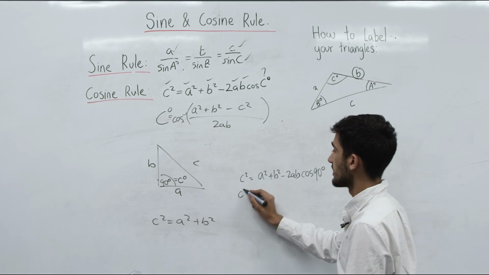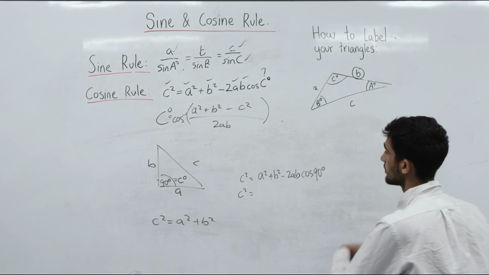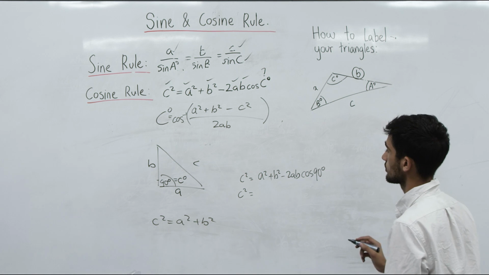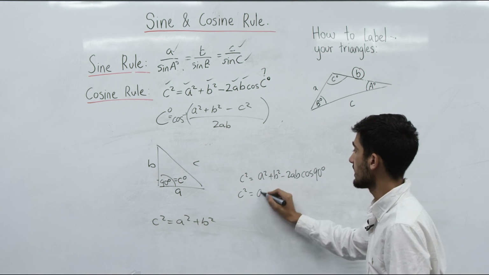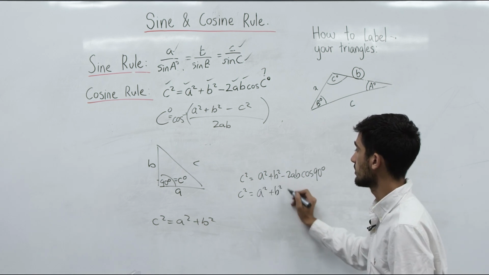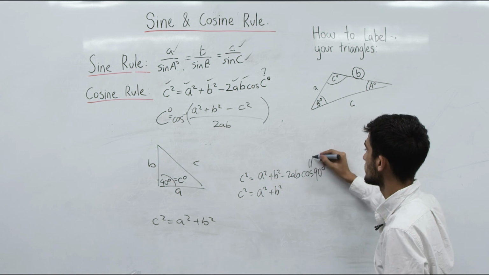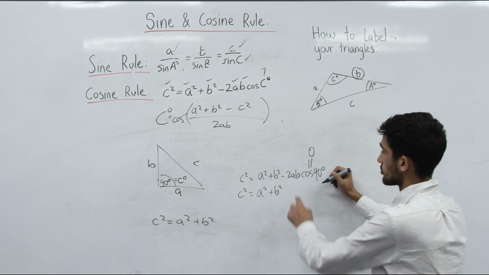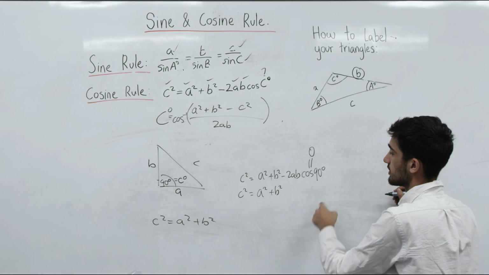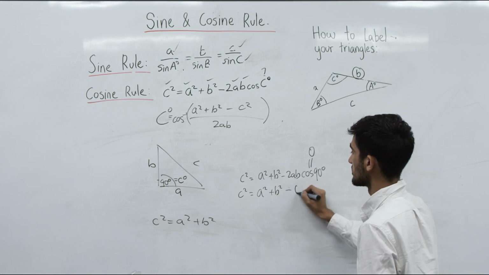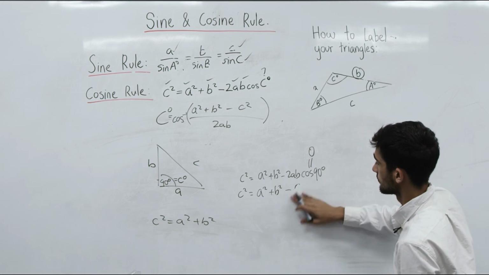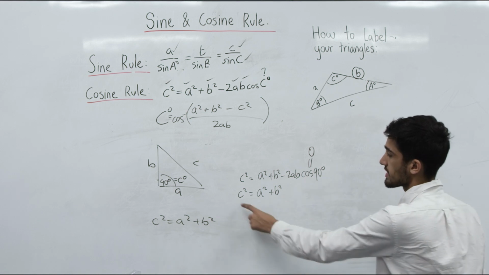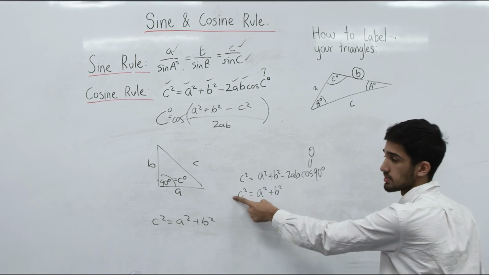And what you'll find is that cos is related to the x coordinate, so the cos of 90 will be 0. We know that the cos of 90 is equal to 0. So 2AB times 0 is just 0, so you get minus 0. That goes away, and we get C squared equals A squared plus B squared.